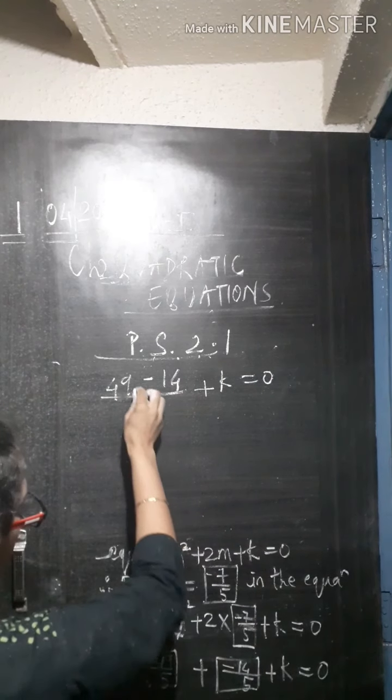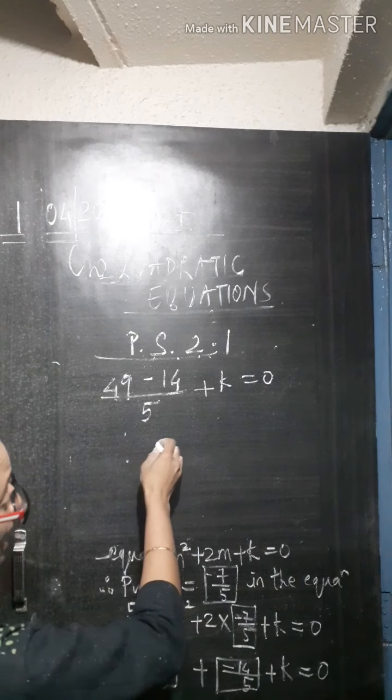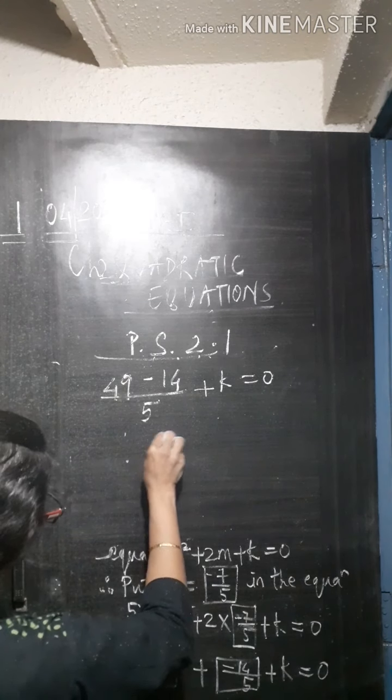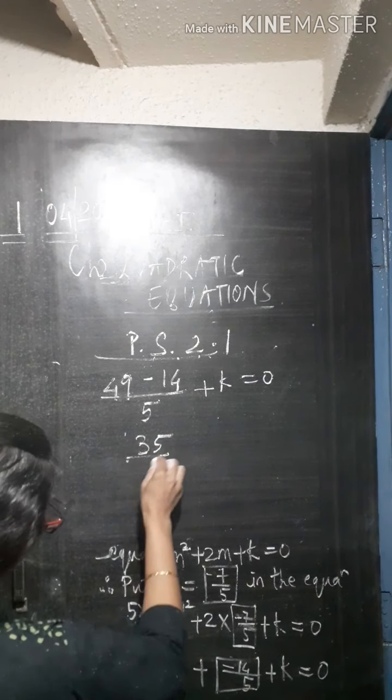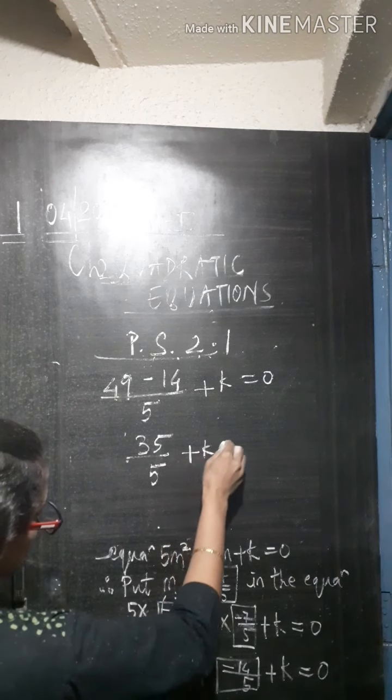What is 49 minus 14? Subtraction. Yes, you should tell me here. You should be calculating very quickly. 9 minus 4 is 5, 4 minus 1 is 3. 35 upon 5, plus k is equal to 0.